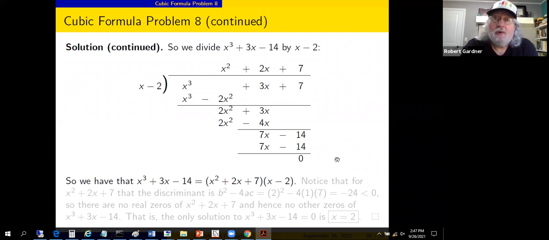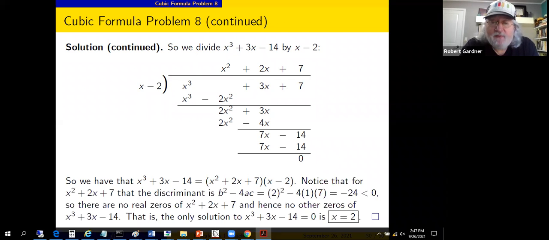I can find all of the roots of a quadratic equation. If we apply the quadratic formula to the quadratic equation that results by setting this equal to 0, the discriminant is b squared minus 4ac. B is 2, a is 1, c is 7. We find the discriminant is negative 24.